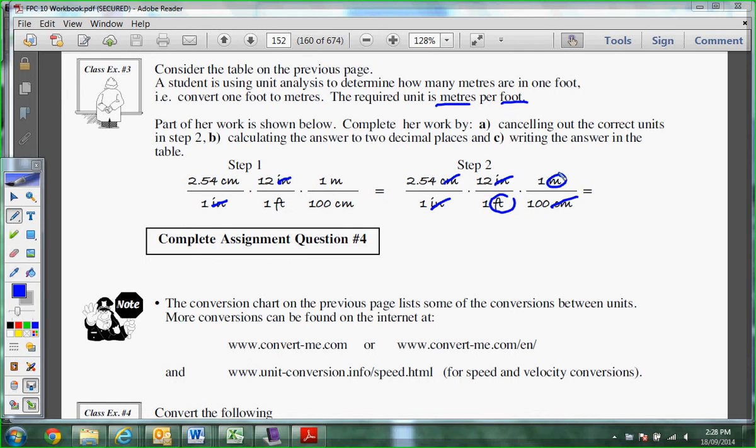Okay, and then we just want to multiply across 2.54 times 12 times 1. So what is 2.54 times 12? 30.48. And then what is 1 times 100? Okay, 100, so we know that means we're going to move it back 2 spots. You just do it in your calculator, but it's going to be 0.3048 meters per foot.